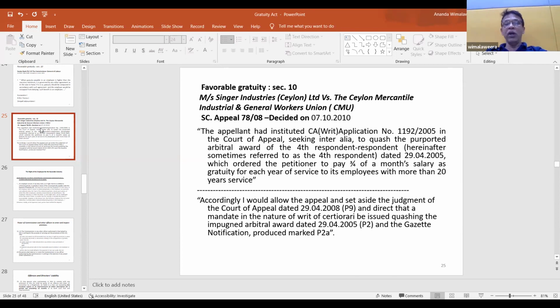Accordingly, I would allow the appeal and set aside the judgment of the Court of Appeal, and direct that a mandate in the nature of the writ of certiorari be issued, causing the impugned arbitral award and the Gazette notification to be quashed.